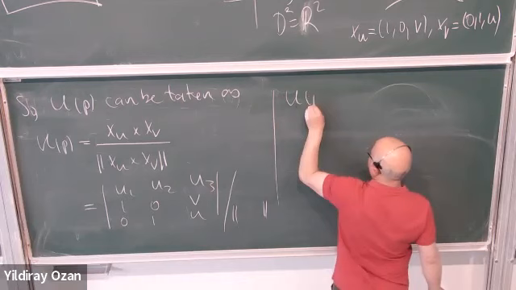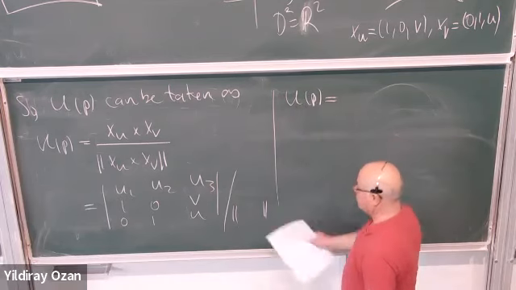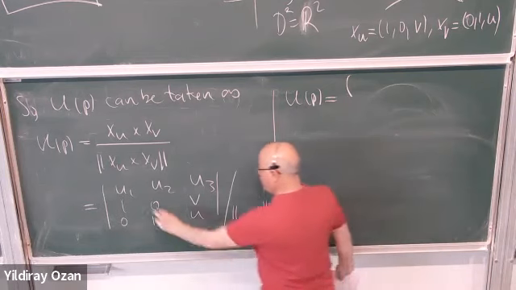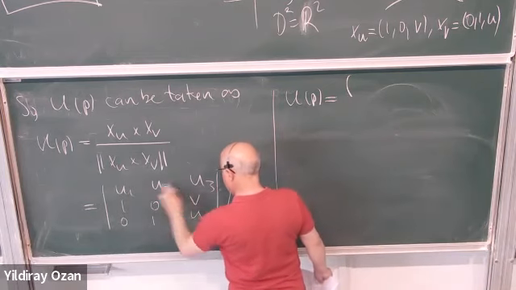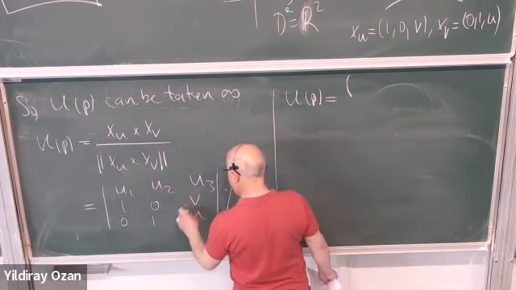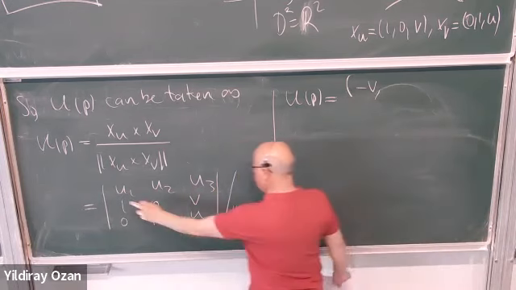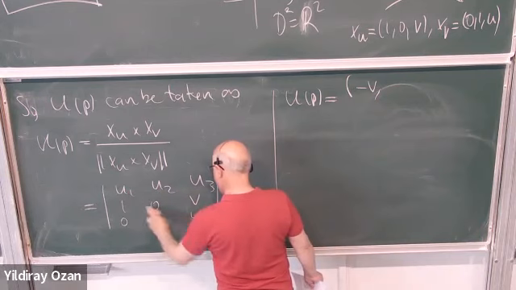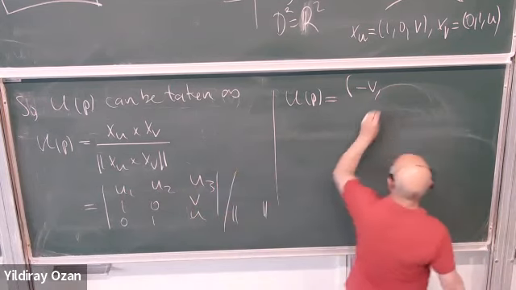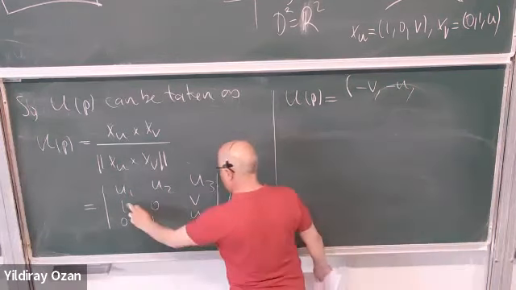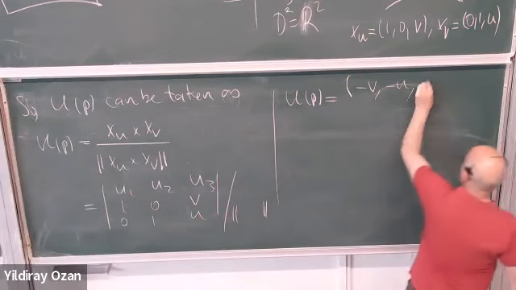So U sub V is just, when you take the cross product, you will get what? 0, minus V here, minus U here, and 1 here.